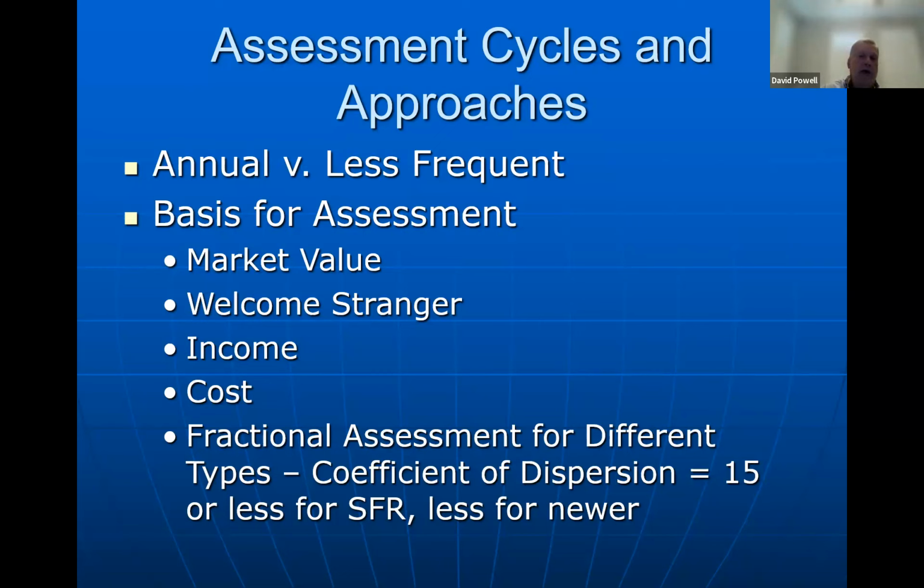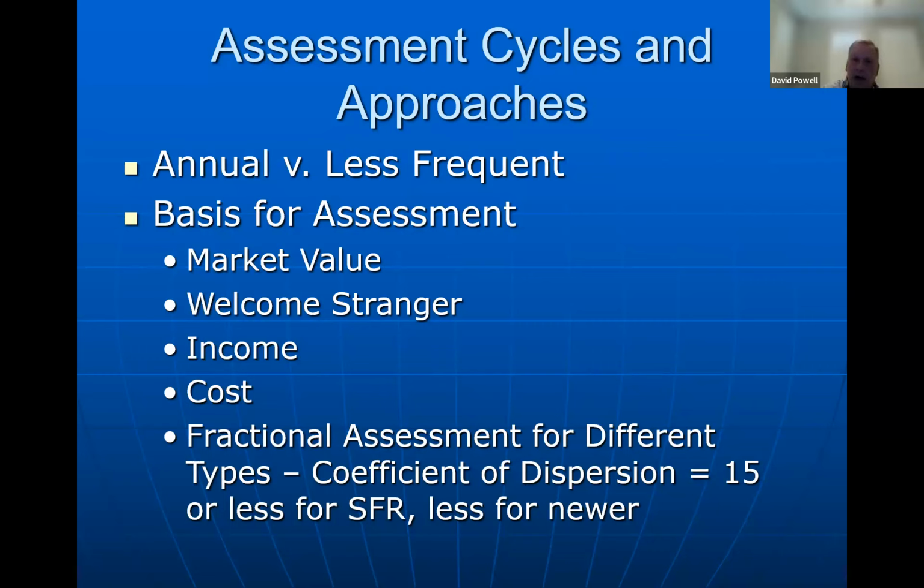We oftentimes do that through what's called a comparable sales approach. So we'll look at likewise situated homes in that general neighborhood that have sold in the past year, and we'll use those comparable sales to then come up with the market value of the property that we are trying to assign an assessed value to. And that's by far the most common way in which a lot of states do assessment.